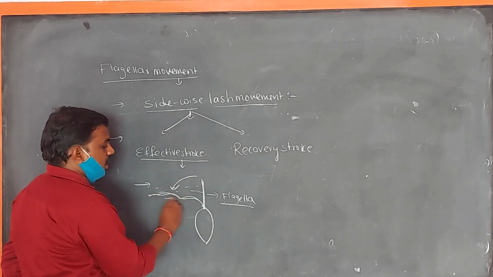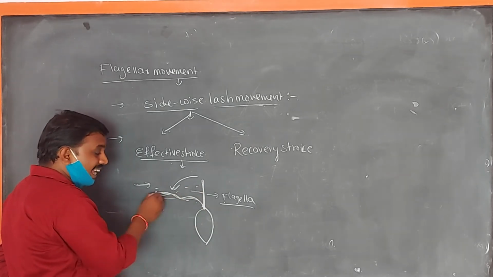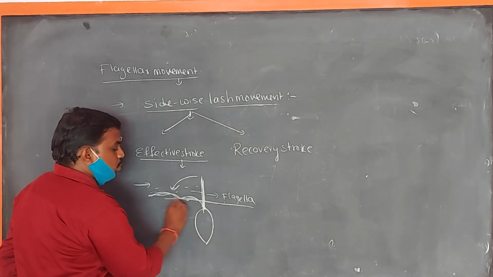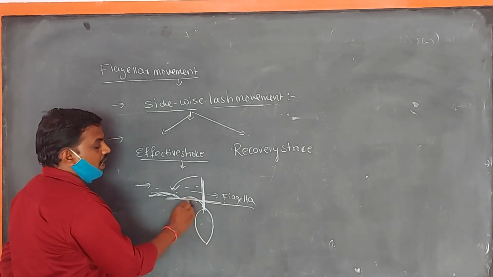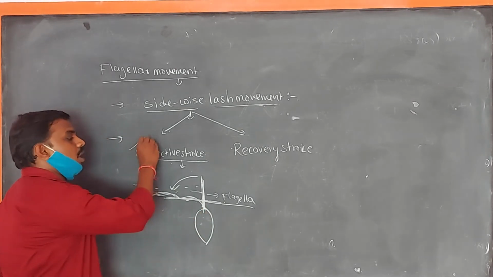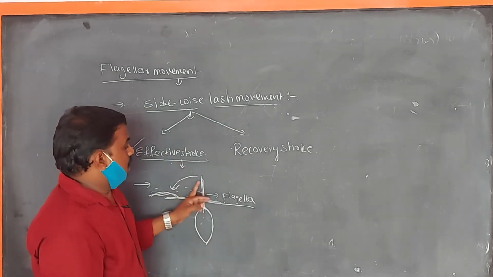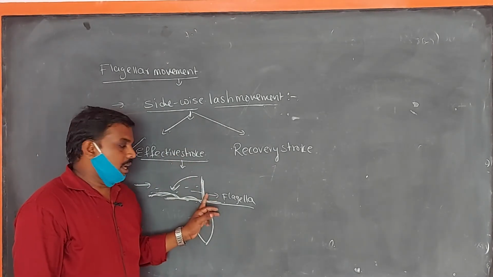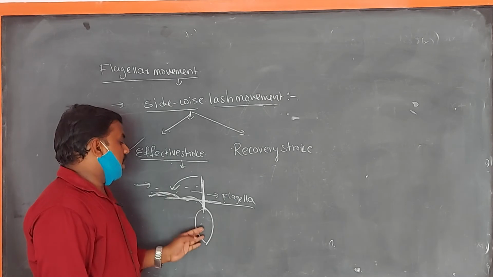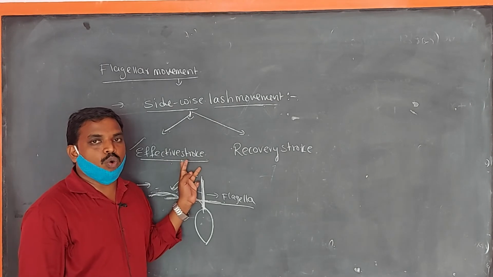The flagellum is presented at right angles to the body axis. So the organism which moves in the forward direction, it is also called the effective stroke.